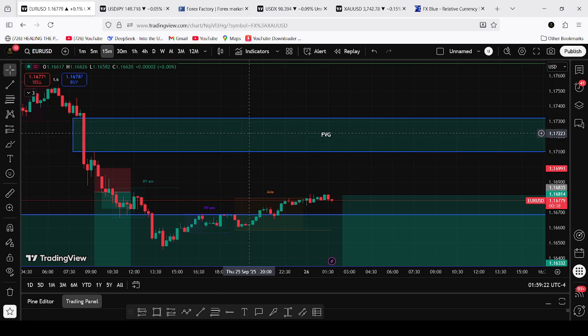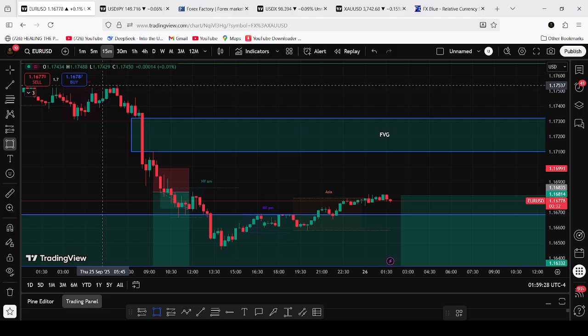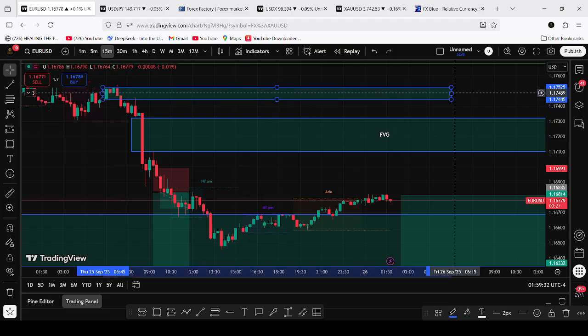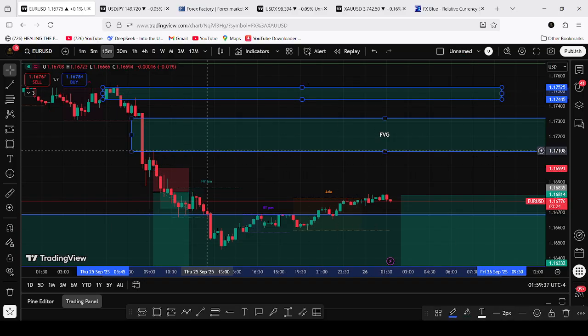If the market goes up, just wait for it to come and touch this zone. For me, that is another block. This is an FVG, and an FVG and an order block are two different things. So just to confirm at this one, to have some more selling pressure in the market.